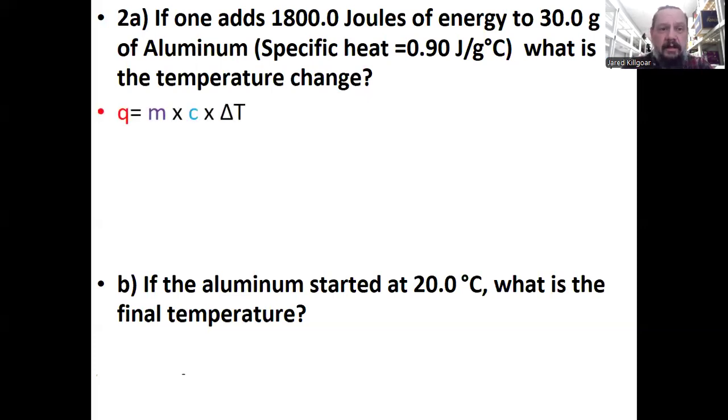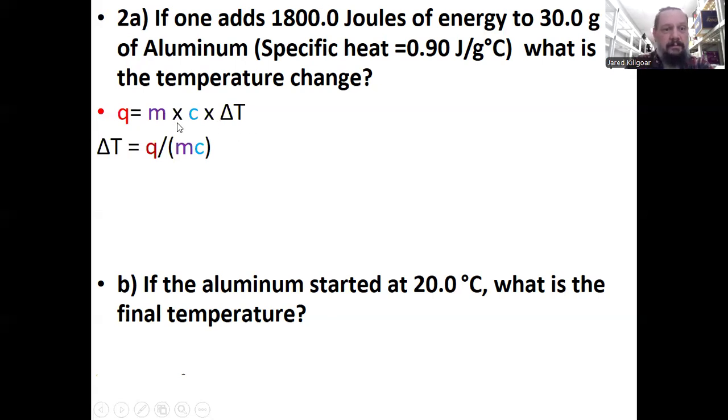So in this case, I'm going to be using the same equation, yet I'm going to be calculating something different. Temperature change and energy are different properties, so we can't interchange them. So let's identify what we have, using some algebra in order to calculate the temperature change.